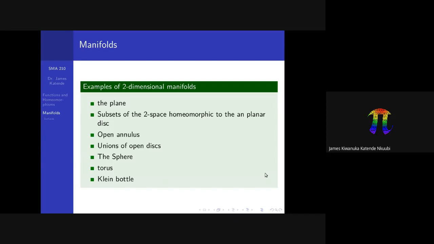The next one is examples of two-dimensional manifolds. The plane itself, the whole of the Cartesian plane, is a two-dimensional manifold. Remember again the definition of a two-dimensional manifold.